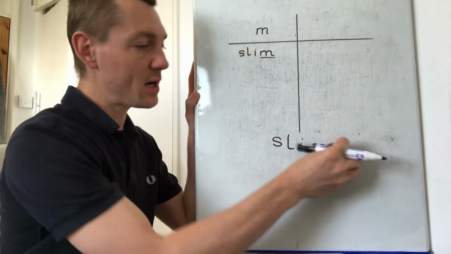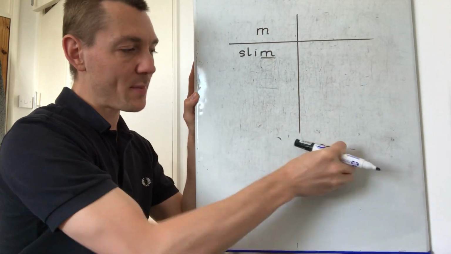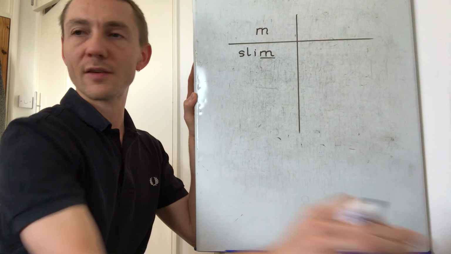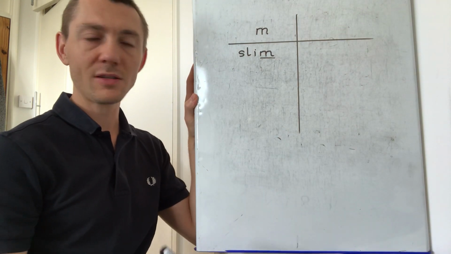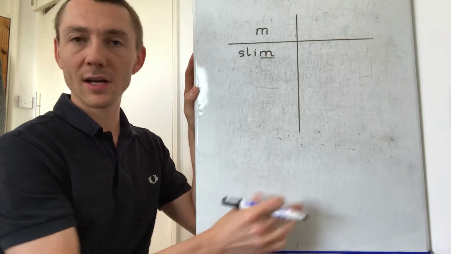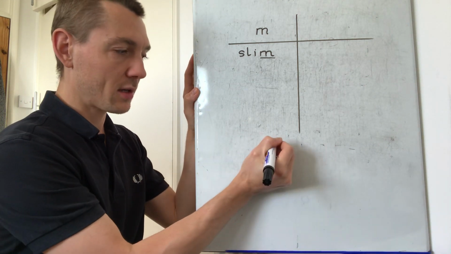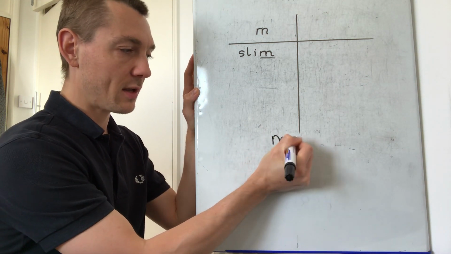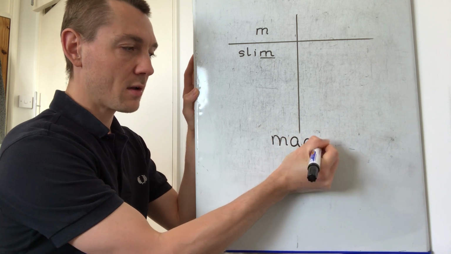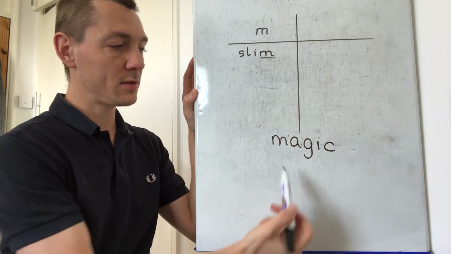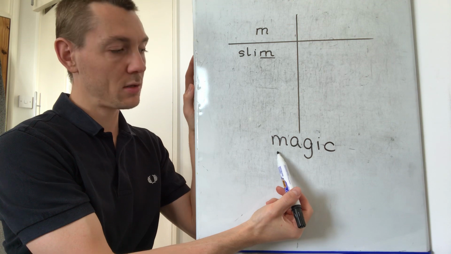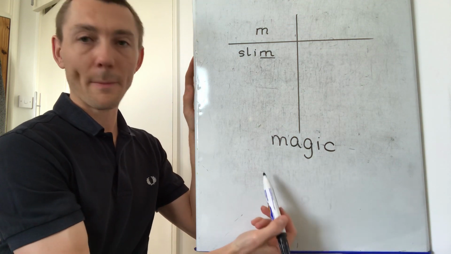Good, so the next word, is it going to have the same spelling or a different spelling? It will have an m sound again, but it might have a slightly different spelling of that sound. Okay, let's have a look. The next word is after 3. 1, 2, 3. Magic.